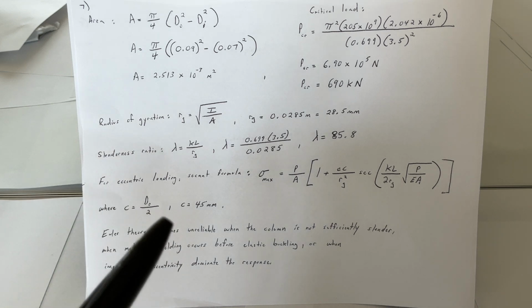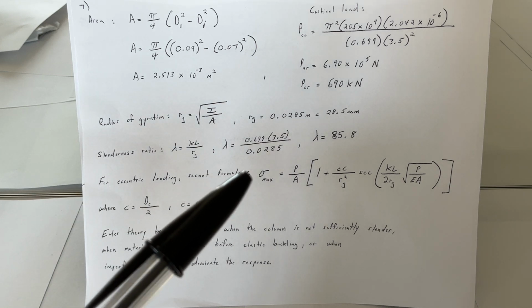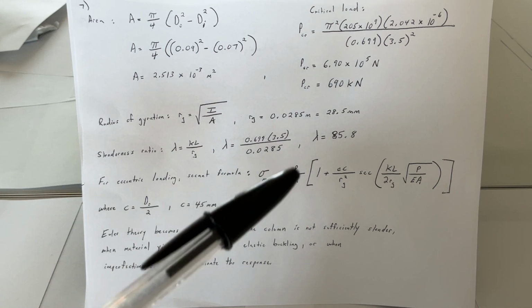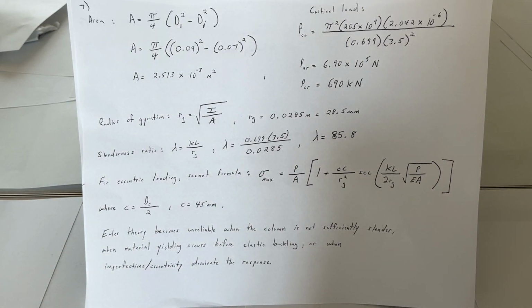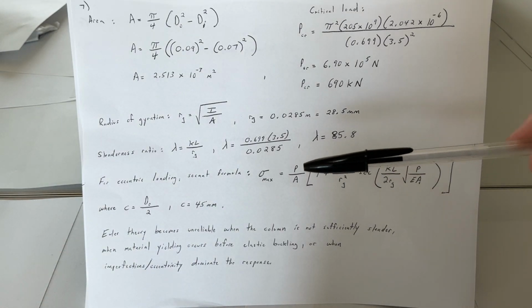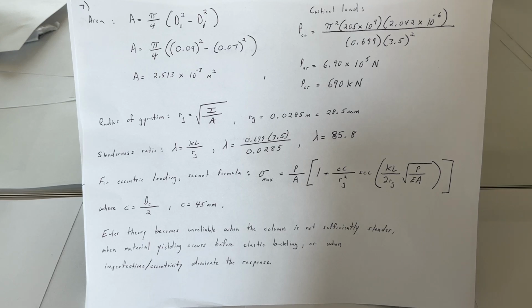For eccentric loading, secant formula, sigma sub max equals P over A times the bracket 1 plus EC over R sub G squared, times the secant of KL over 2 R sub G times the square root of P over EA.